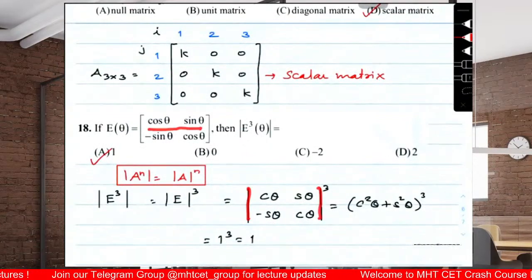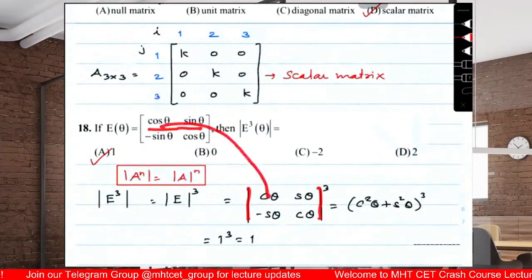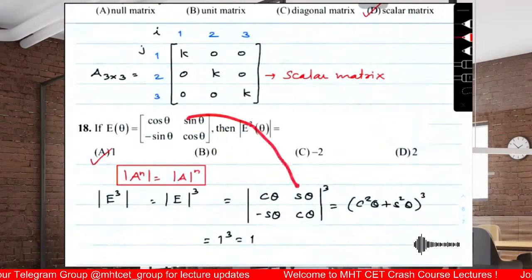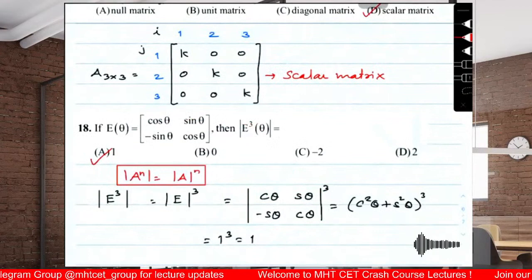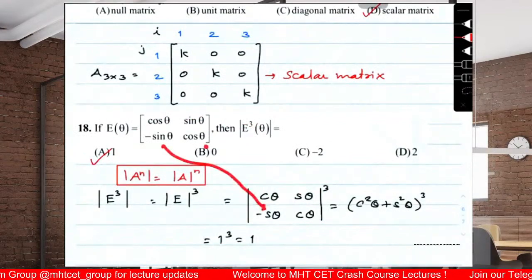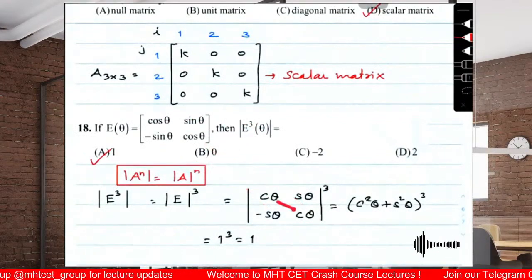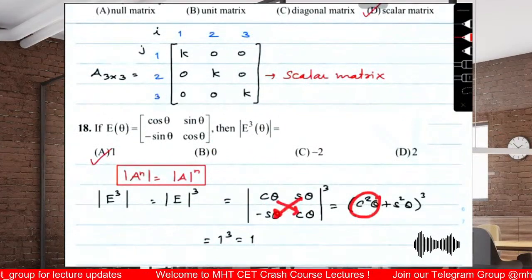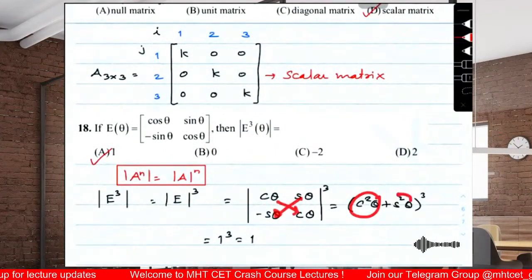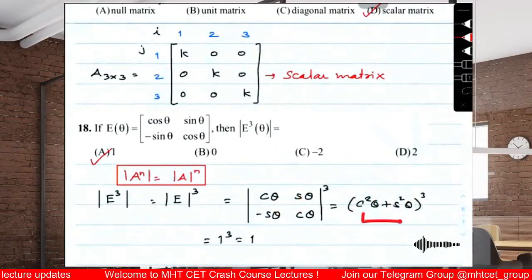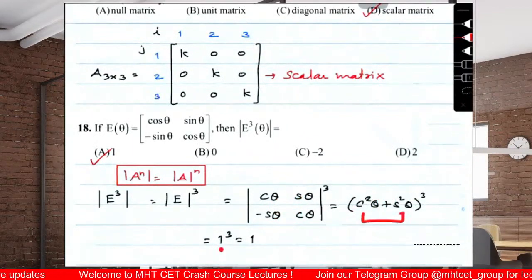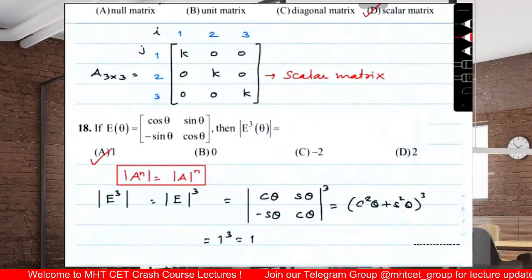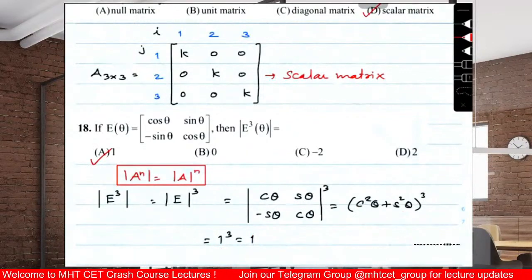Determinant of E is cos की जगह पर C लिखा है, cos थीटा की जगह पर मैंने C थीटा लिखा है. साइन थीटा क्योंकि टाइम वेस्ट फालतू में वेस्ट नहीं करूंगा. ठीक है, so determinant is cos into cos is cos square, माइनस साइन इंटू माइनस साइन इज माइनस साइन स्क्वायर, और बीच में साइन माइनस होती है तो प्लस साइन स्क्वायर थीटा प्लस कॉस स्क्वायर थीटा इज 1. 1 क्यूब इज 1. Okay?